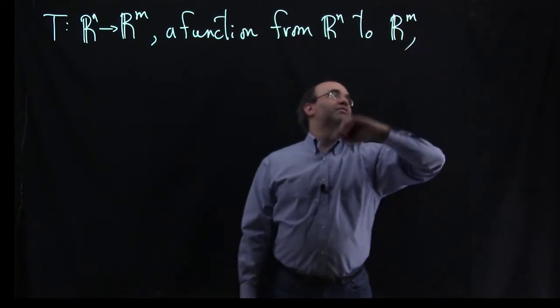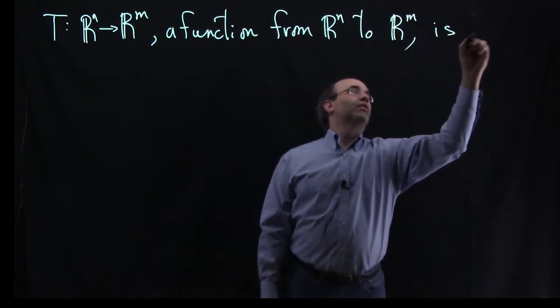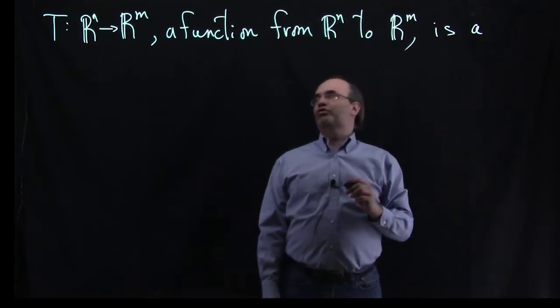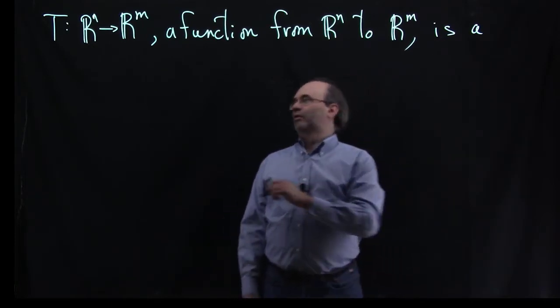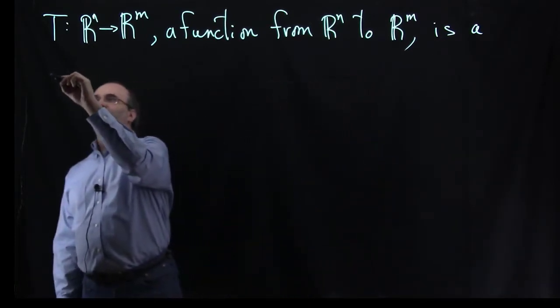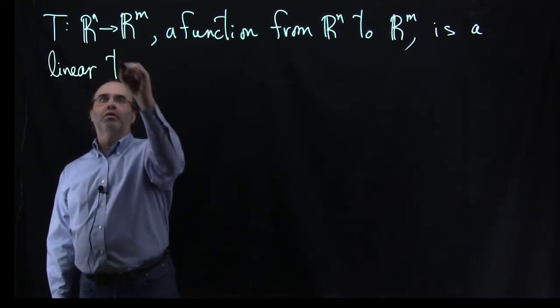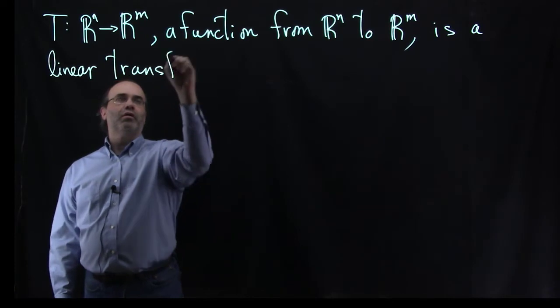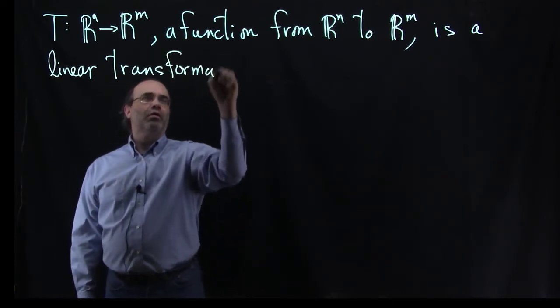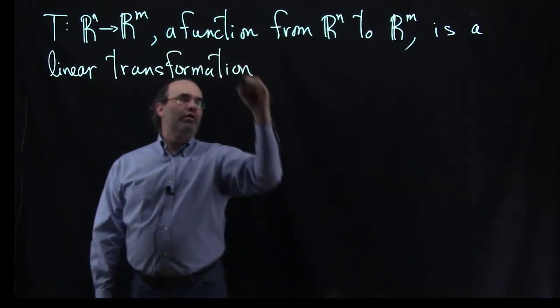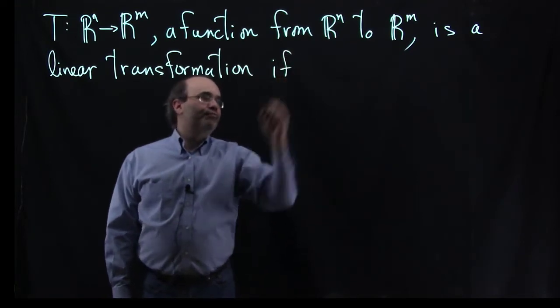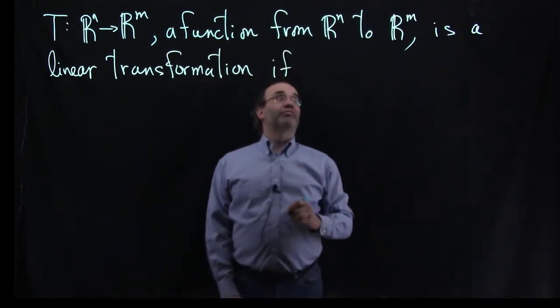This T is a linear transformation if it satisfies a couple of properties.